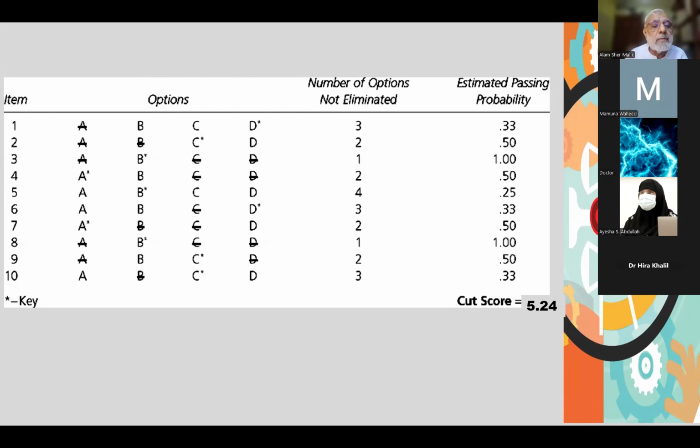Whereas in, let's say, the second question, there are 2 statements which the SMEs think a borderline candidate can easily eliminate, so only 2 are left. So the student has to choose one of the 2.